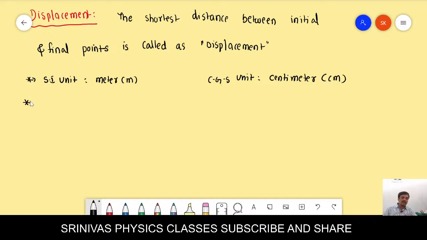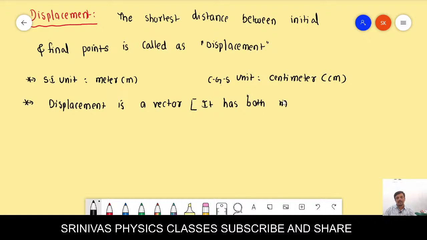But displacement is a vector, not a scalar. Vector means it has both magnitude and direction. I will explain clearly, don't worry.